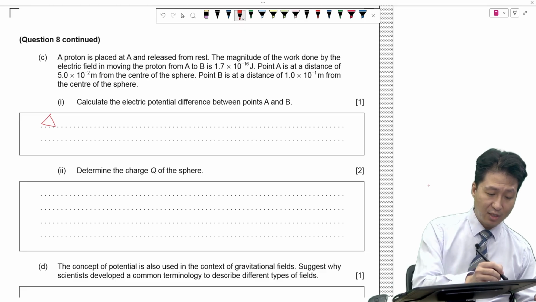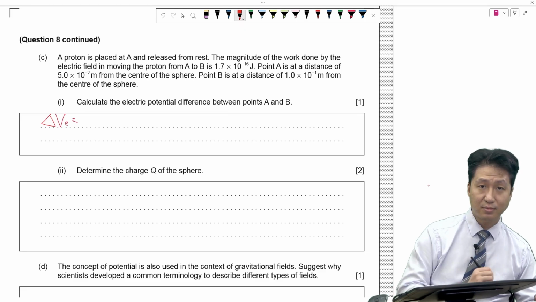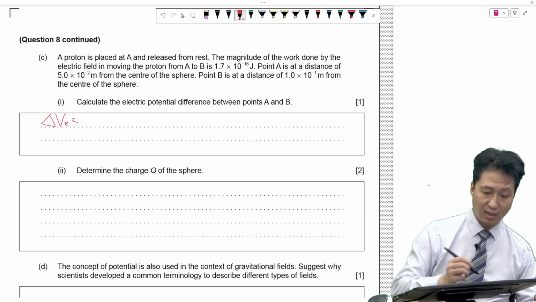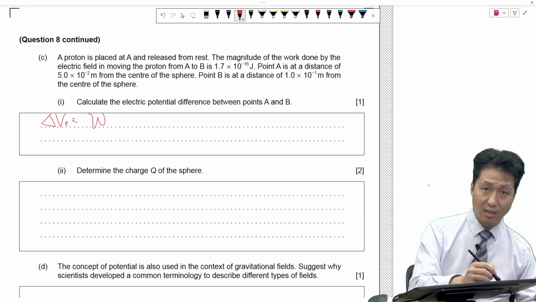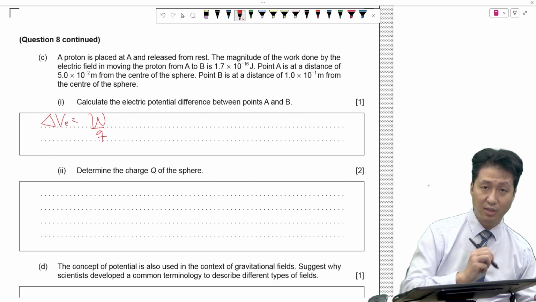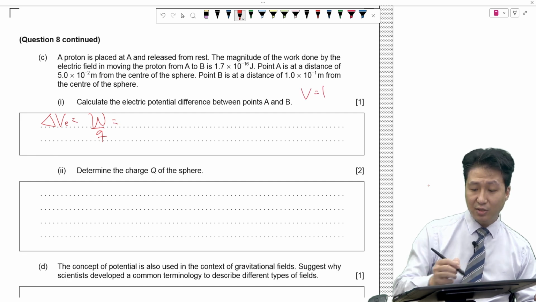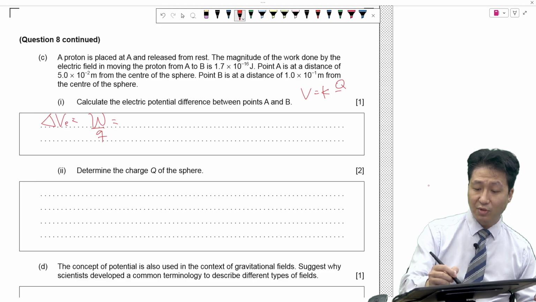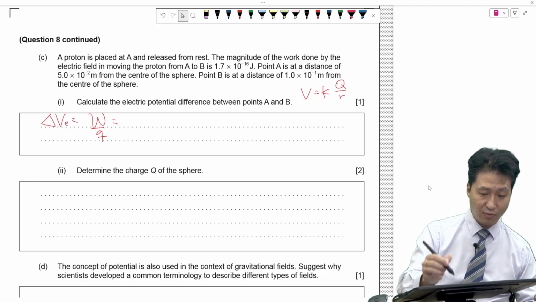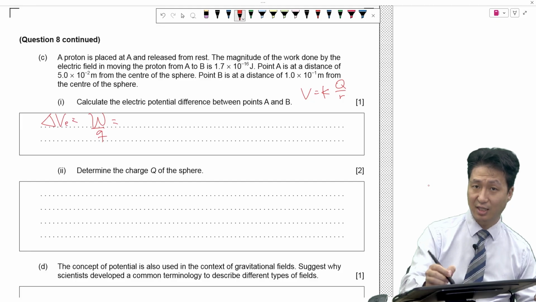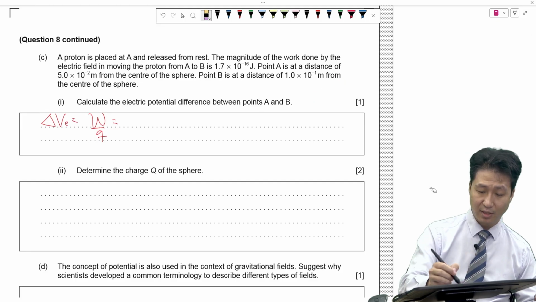So, you want to get electrical potential difference, which is the work done over unit charge. You cannot use the identity we used before, where this Coulomb constant times charge over the distance, because we don't really have a value for the charge yet. So we have to use the definition here.